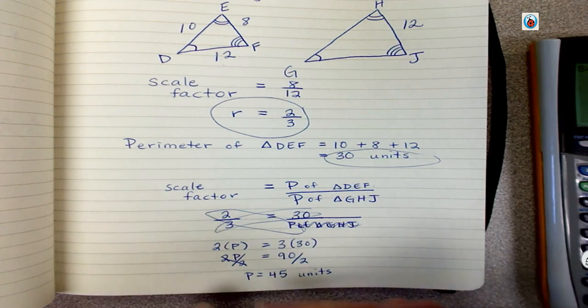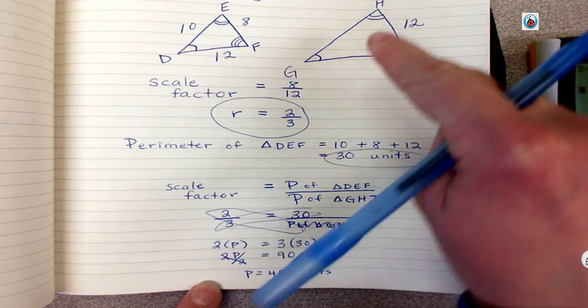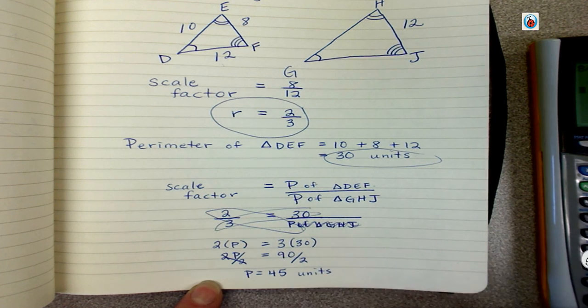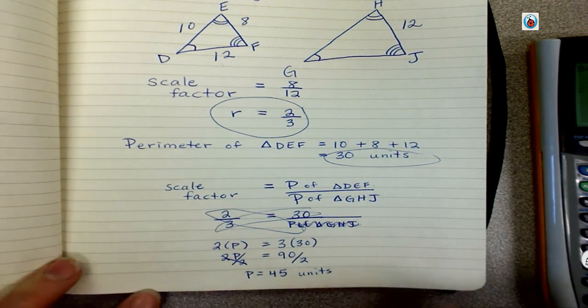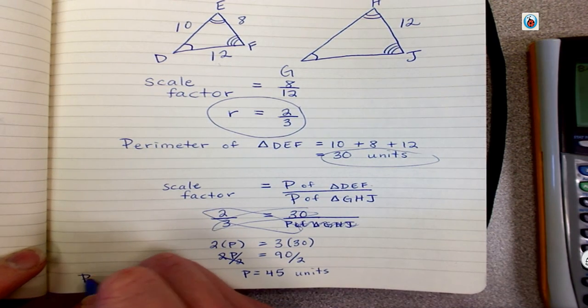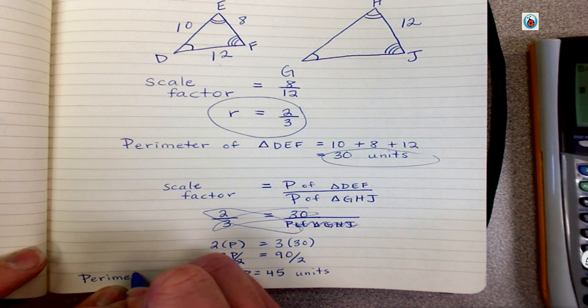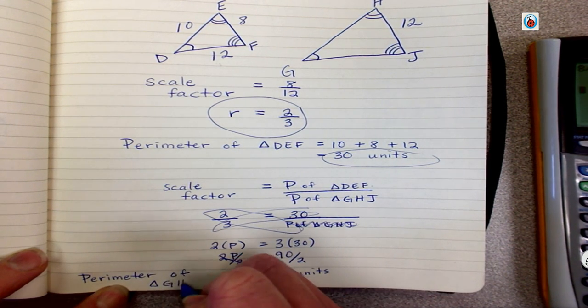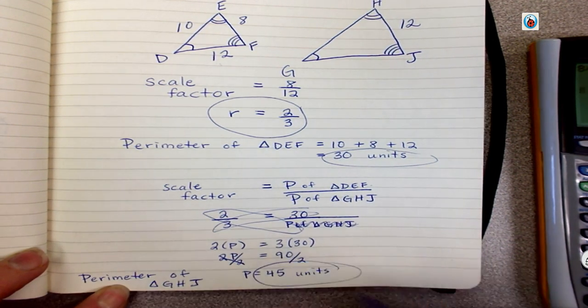So that means the perimeter of triangle GHJ is 45 units. And I'm going to write that down somewhere over here. Perimeter of triangle GHJ. Right there.